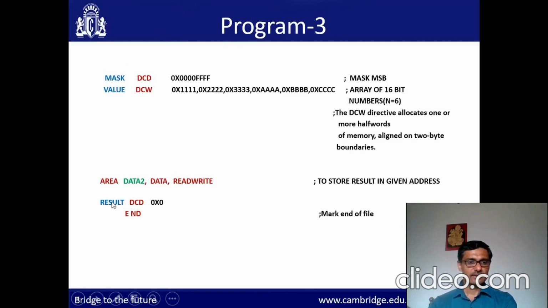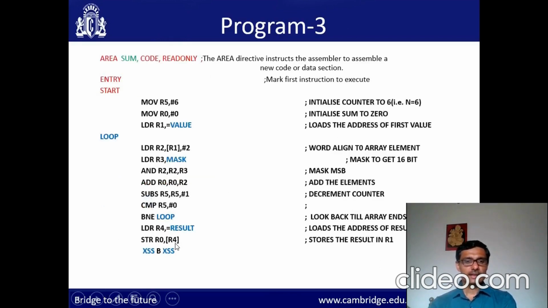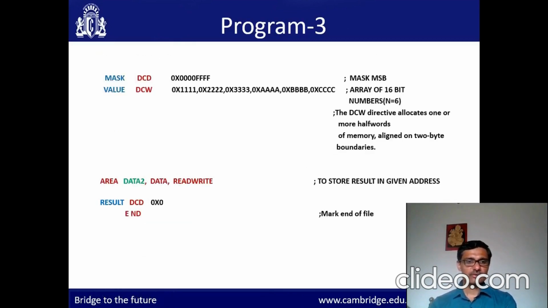See here. We have already declared result using DCD and we have initialized it with a 0. It is written under the read-write part of data, because we have to write the result after the execution of the program. So after the execution, the result is overwritten.